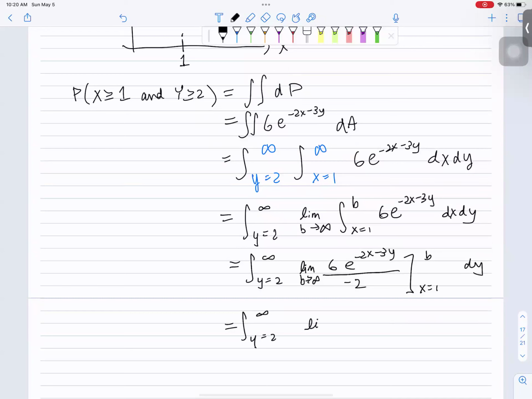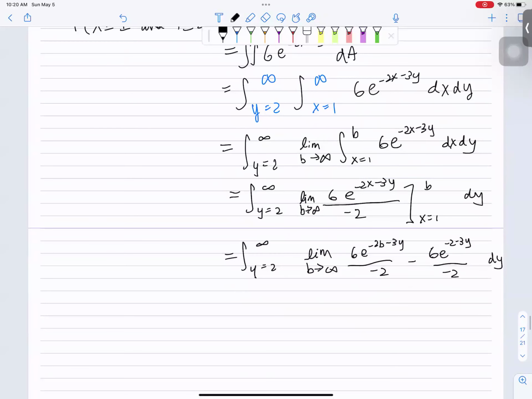Okay, so what is this? This is the limit as b goes to infinity of, now I'm plugging b in whenever I see an x, 6e to the negative 2b minus 3y over negative 2, minus, when I plug in 1, I get negative 2 minus 3y over negative 2, dy. Okay. Let's see what happens. E to the negative power can always go to the denominator.